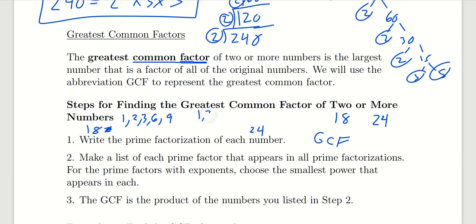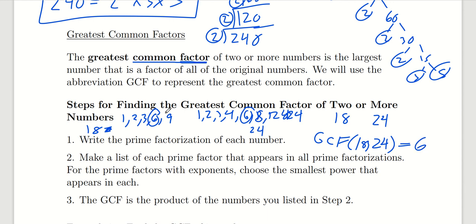The factors of 24 we said was 1, 2, 3, 4, 6. Don't want to forget 8, 12, and then 24. So to be the greatest common factor, it has to be common. Notice that both 2 and 3 are common factors of both 18 and 24. But the largest factor that's common to both of them is this number 6. So we would say that the greatest common factor of 18 and 24 is 6.